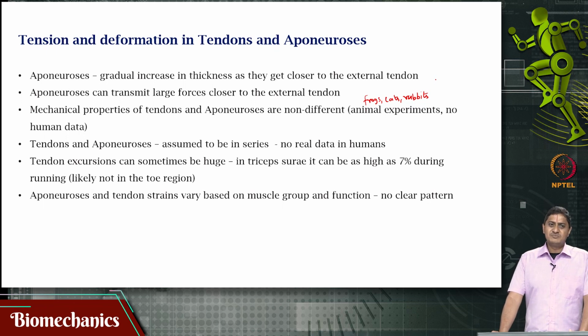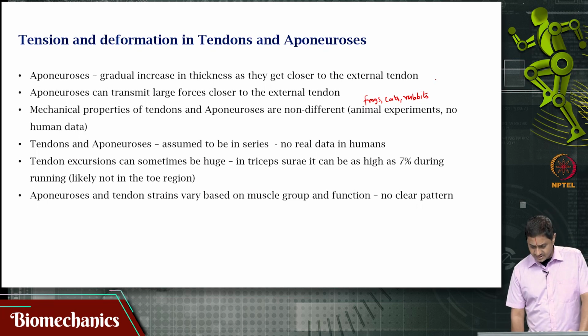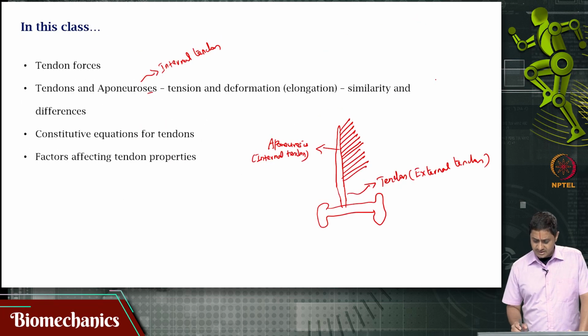In some experiments, you would assume that because the aponeurosis continues on to become the external tendon, these two are in series, but it is not clear whether these two are indeed in series.